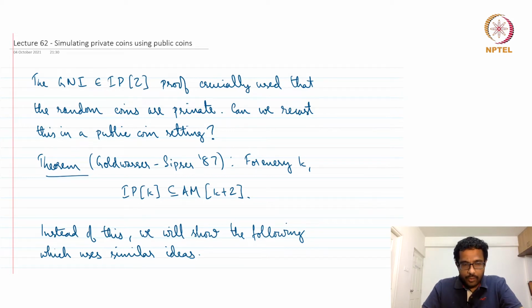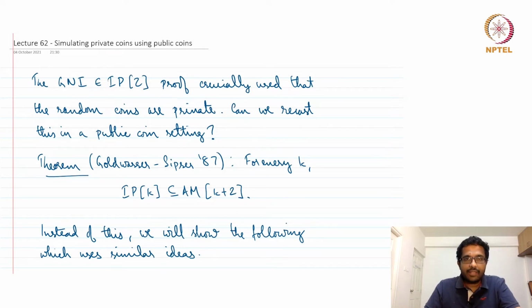Having to send the random bits to the prover is kind of a restriction, because we saw that in the graph non-isomorphism proof, we could benefit by hiding the random coin from the prover. So the question is, how restrictive is this restriction?